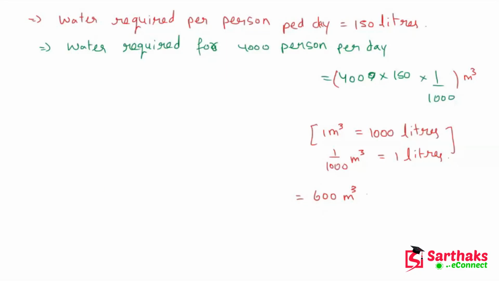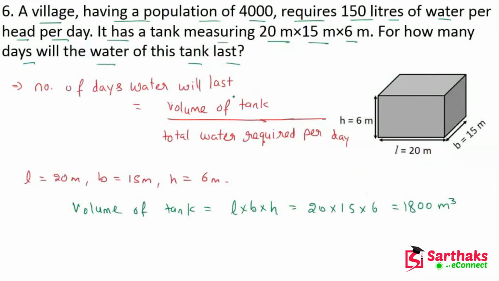Now we have the volume of the water tank and the total water required per day. From this we can find the number of days the water will last.